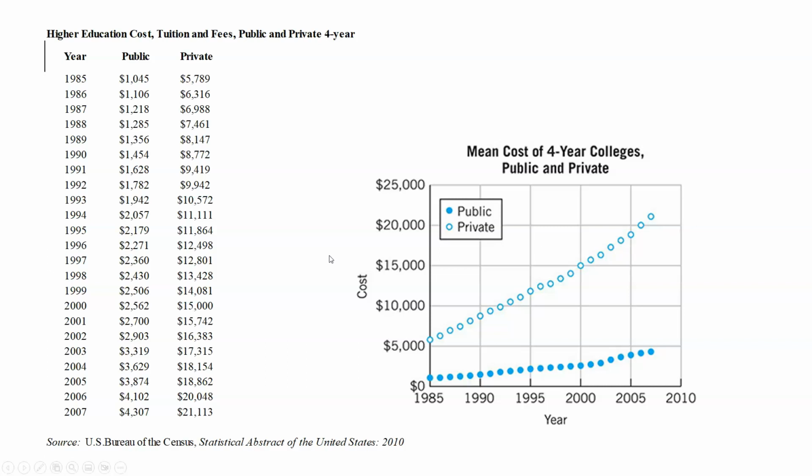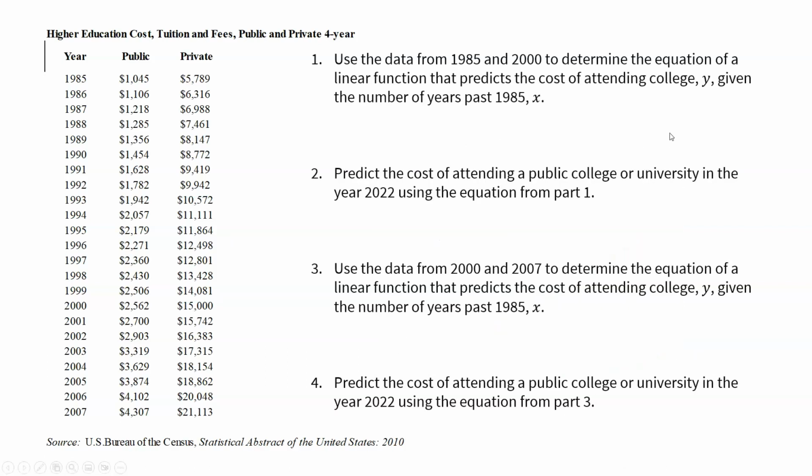The other way is using regression, which is going to be the second part of this. This first part deals with writing equations to describe data by using two data points in the data. This demonstration is going to focus on doing that for public college fees.